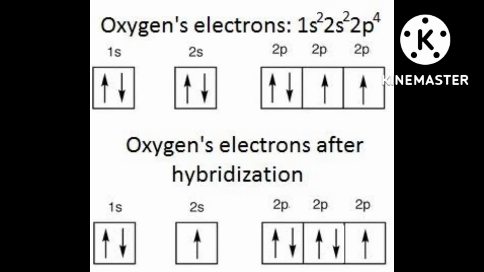That is called an unhybridized orbital. Sometimes all three p orbitals take part, and then it is called sp3, with no unhybridized p orbital remaining, because all three have taken part.